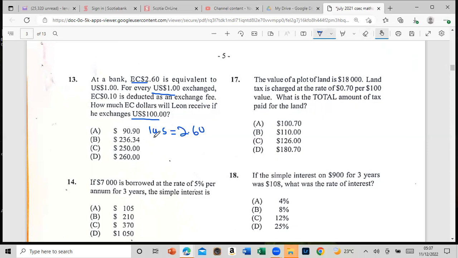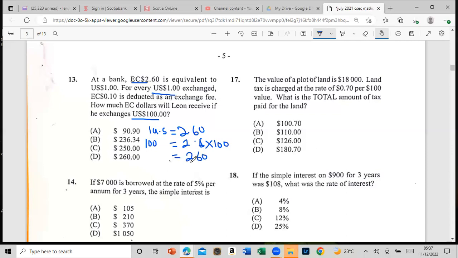That's the first step. That means for 100 US you multiply, because if 1 gives you 2.60, 100 will give you 2.60 times 100, and that gives us $260. However, that is not the answer.